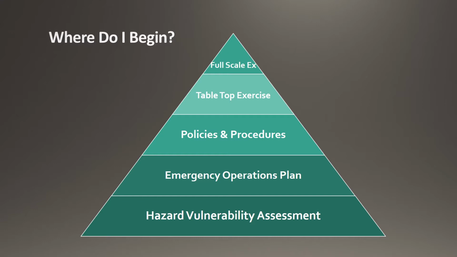We talked about the bottom 2 levels before, and as you go through this webinar, we'll keep building on that. But we're skipping ahead to the exercise portion because there's a lot of effort, planning, and time that goes into properly training and testing your staff, so we wanted to get that information to you as early as possible in the series.